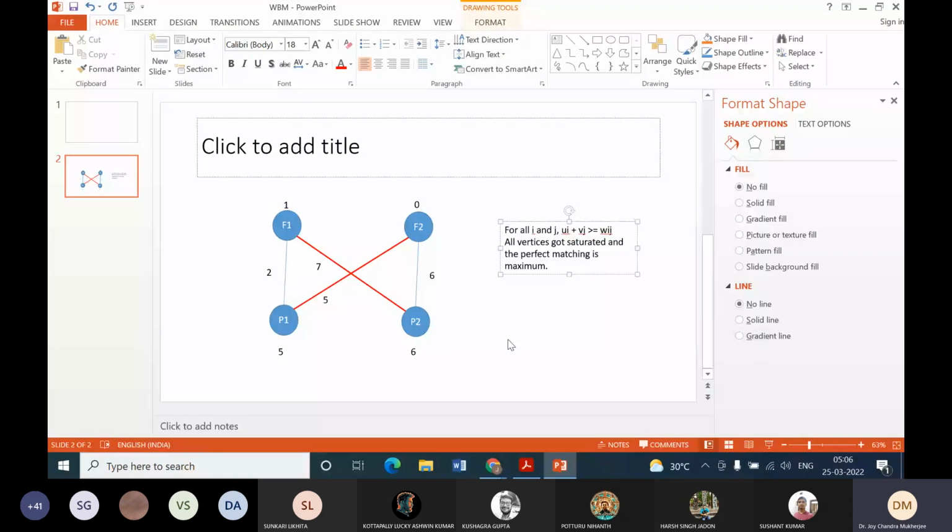So it actually says that the government, what should say, the Ui and Vj values should be such that their summation is equal to the maximum match, weight of the maximum match.